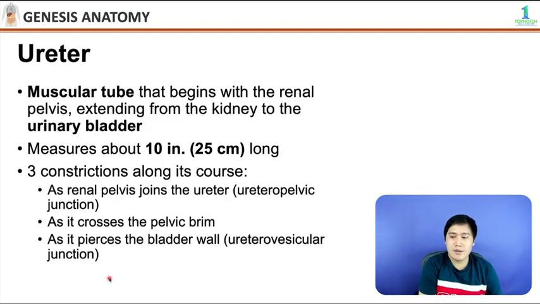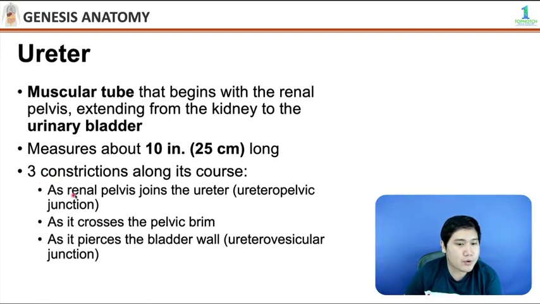So after the kidneys, we'll discuss the ureter. It is a muscular tube that begins at the renal pelvis and connects it to the urinary bladder. Again, kasama siya sa dudes. Si ureter is also 10 inches, 10 inches din siya. And just like your esophagus, it also has three constrictions.